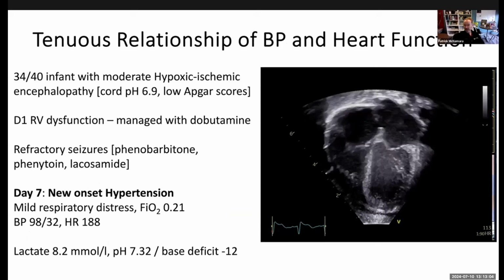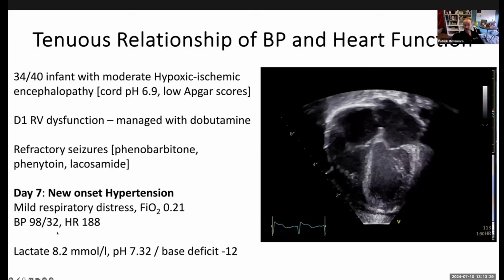Just very briefly, to identify the point, this was an infant born at 34 weeks gestation who was asphyxiated, initially had RV dysfunction, managed with dobutamine, got better, unfortunately had refractory seizures. The infant had new onset hypertension on day 7. Blood pressure was 98/32, but had low oxygen requirement.